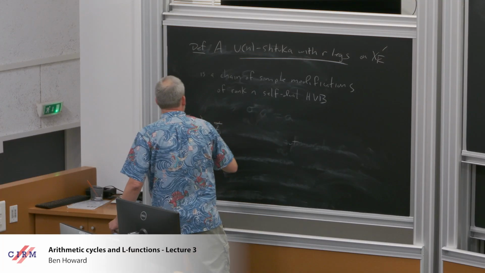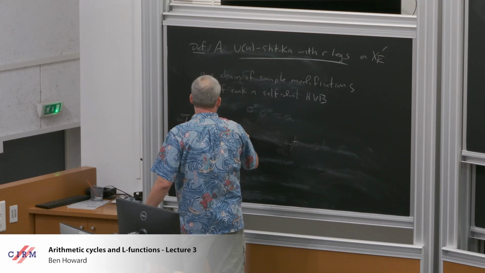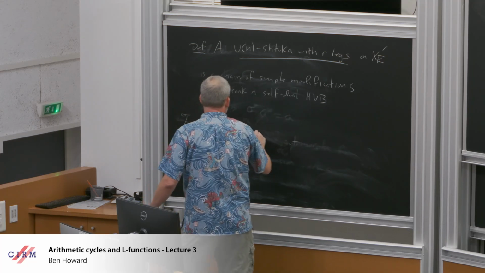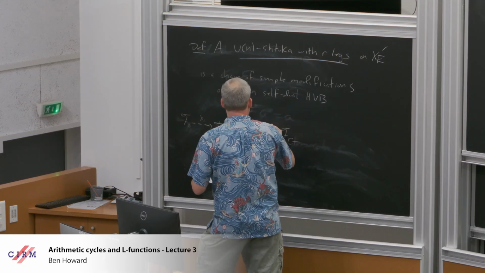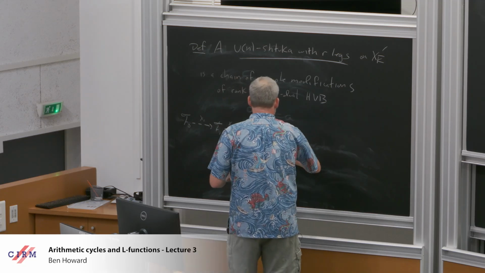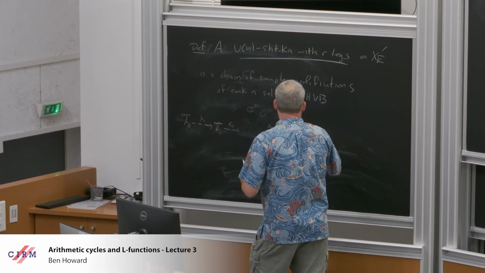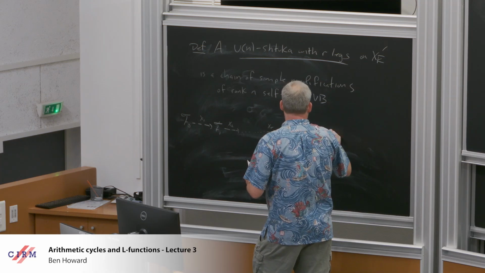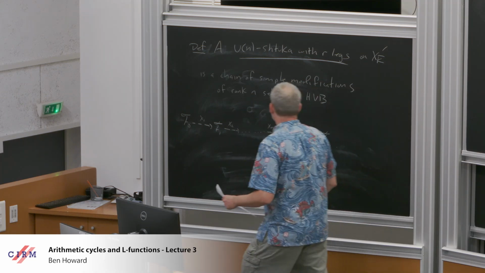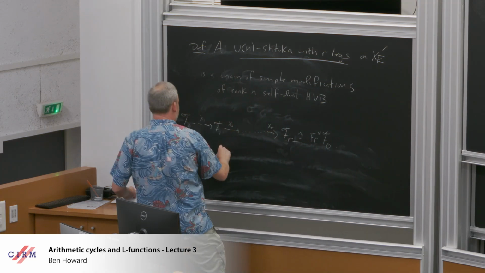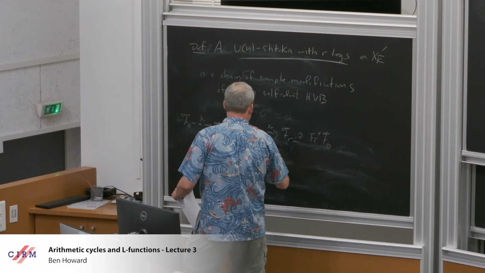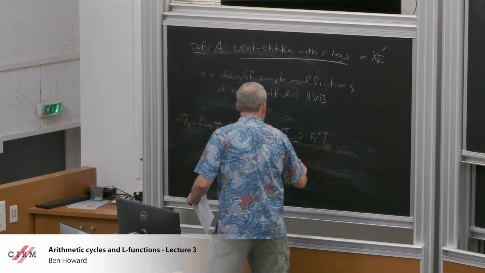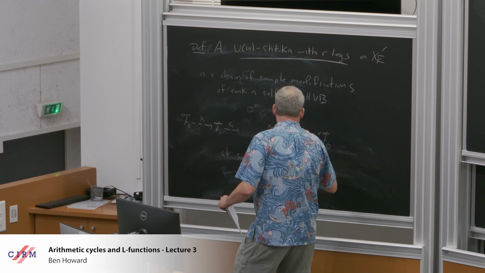So simple modification at x1, simple modification at x2, down to Fr, xr, and then you end up back at the Frobenius twist of the thing that you started with. Simple modifications at x1 down to xr, x prime, k bar.